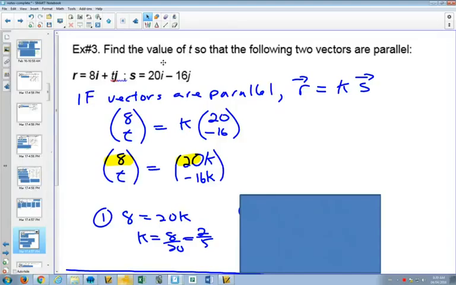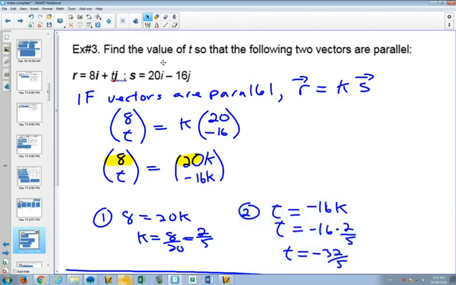In this case, it would have to be 2/5. So we're going to need to divide by 5 and then multiply by 2. We can now use that idea and solve for t. We know that k has to be 2/5, so t would have to be negative 32 over 5.